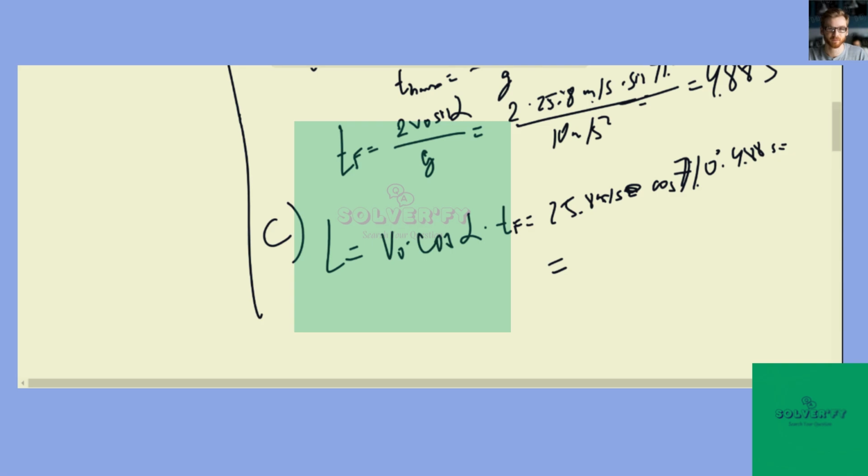So let's calculate this number. It equals 40.99 meters, which is roughly 41.0 meters.